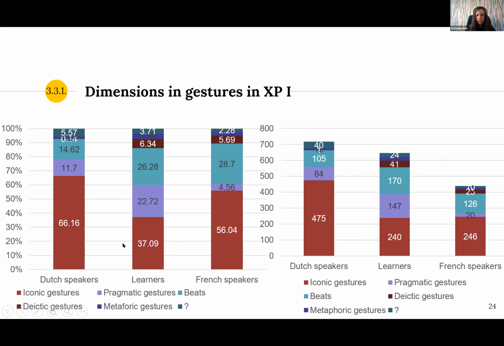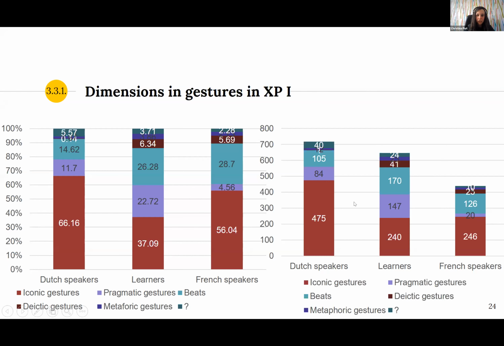So we could think that producing iconic gestures in the second language seems difficult, but actually if we look at the absolute values, we see that the French speakers produce as many iconic gestures in French and in Dutch, and the difference is that they produce many more non-substantive gestures, that is to say beats and pragmatic gestures, to express uncertainty or feelings or to give rhythm to the speech, when they are talking in the target language than in French.